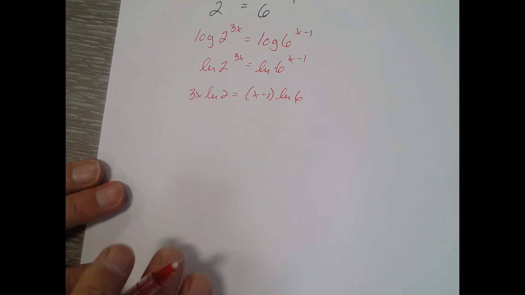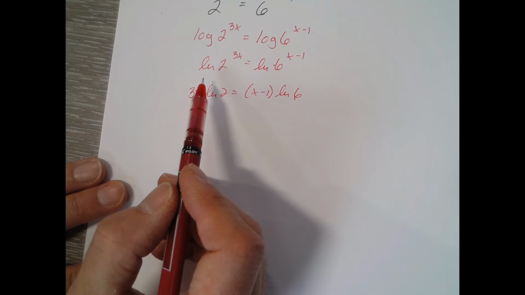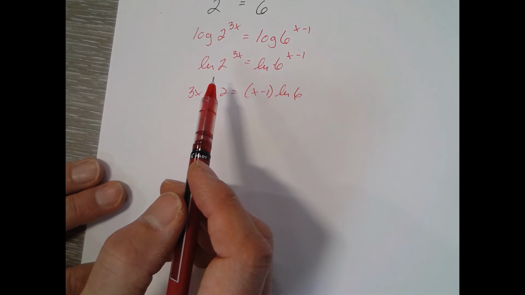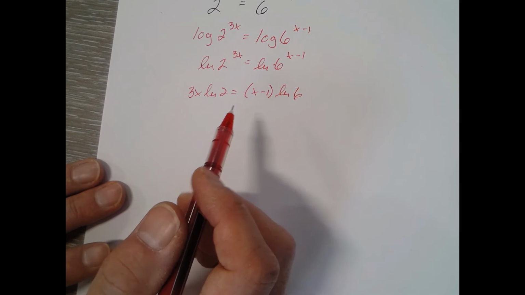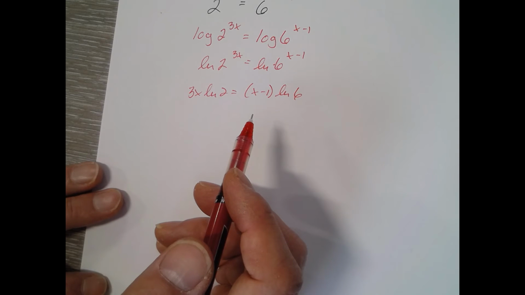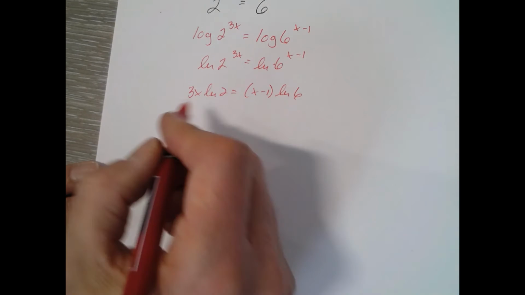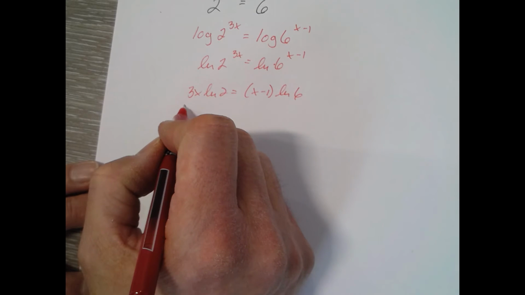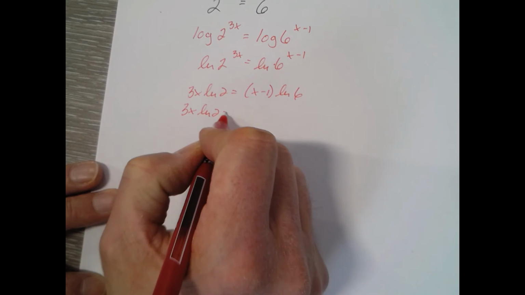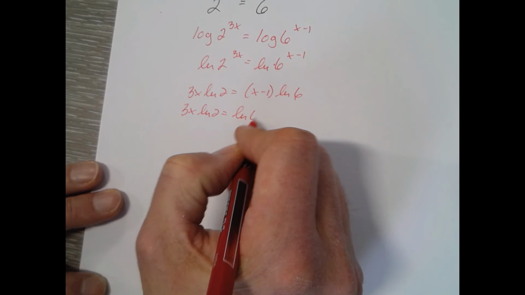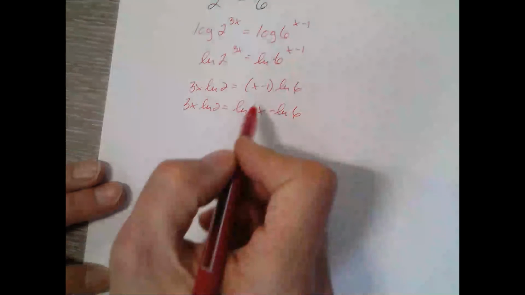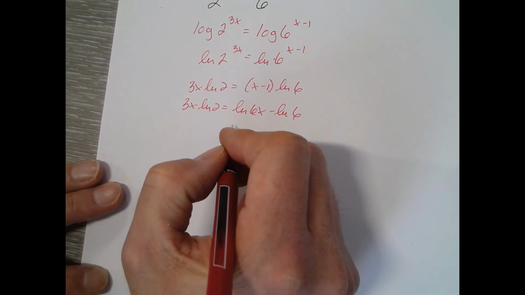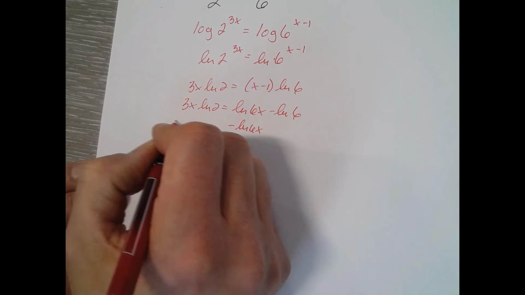Raise your hand if you left it in exact form, like the log form. Raise your hand if you did decimals. Alright, so more people did decimals. So I'll show you both ways. So move the x's over here, so subtract natural log of 6 x.